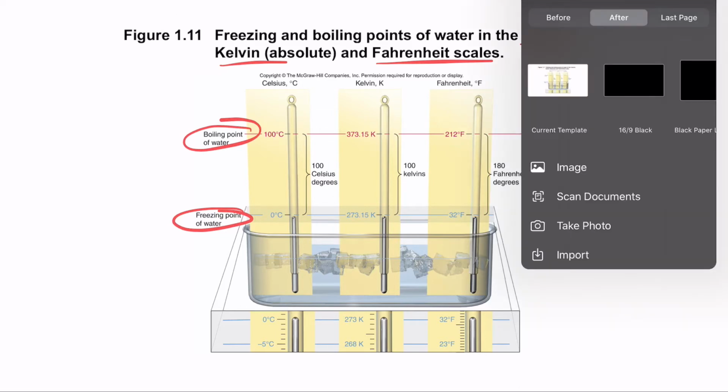When you classify a particular scale, we notice that the divisions are what change. So you have the freezing point of water, and this is the boiling point of water.